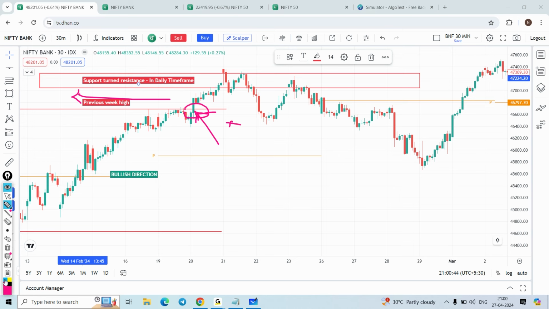What I'm seeing here is that sellers tried to reverse the price and were unsuccessful. Next day, the market opened flat. Sellers had a chance, they could easily have made a down move because the market closed here and opened here, almost a minus 150 points opening, but still sellers failed to move the price even below the previous day's low.